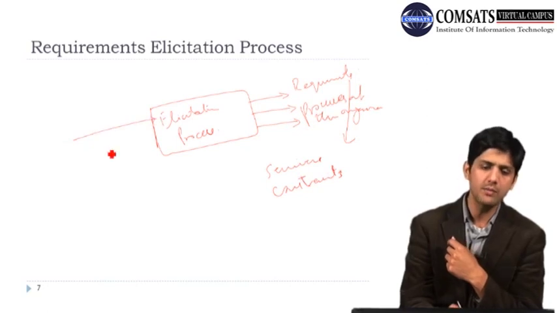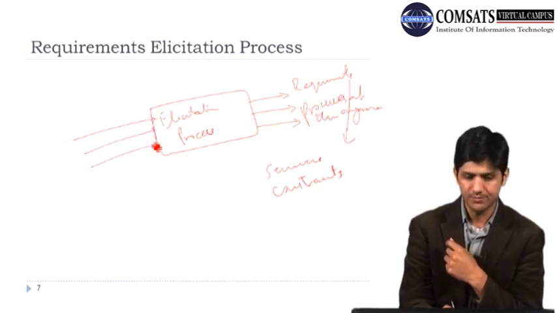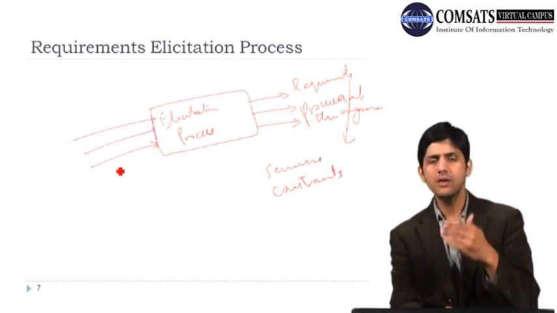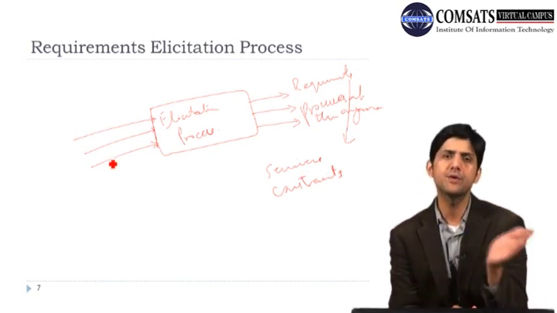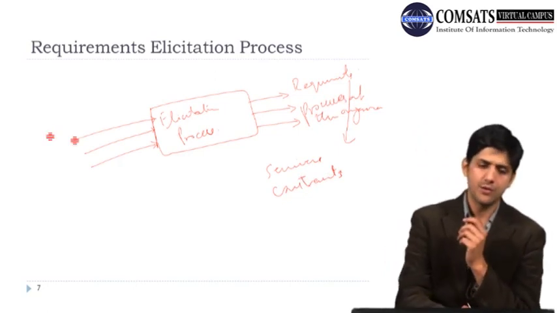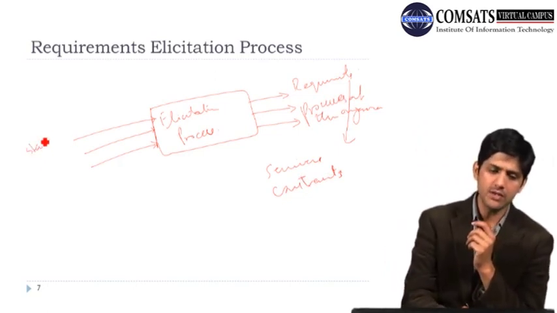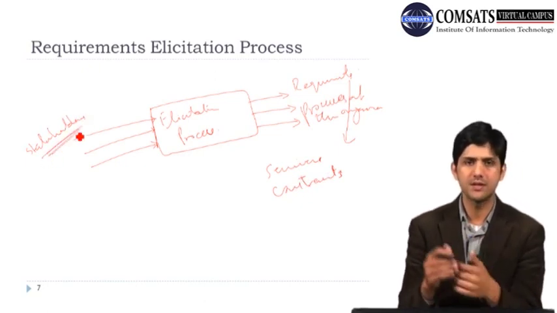And what do we have available to us as inputs? All the information that we have gathered from the inception process is input to the elicitation process. For example, we have identified key stakeholders, so the list of key stakeholders is input to this elicitation process.